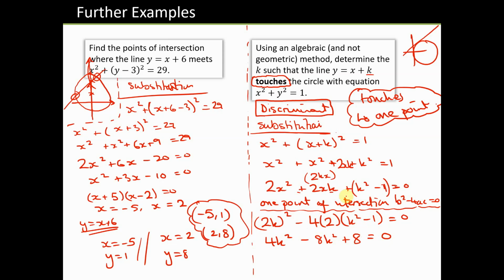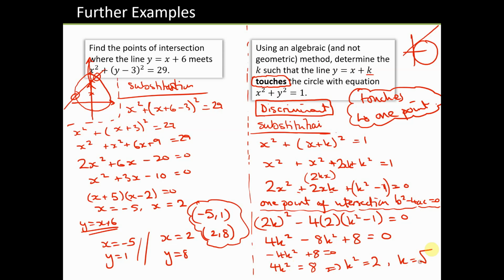Be very, very careful on that. So let's solve this. We've got minus 4k squared plus 8 equals 0. Well, we can just take my 4k squared to the other side. So I have 4k squared equals 8. Let's divide by 4, so we get k squared equals 2.